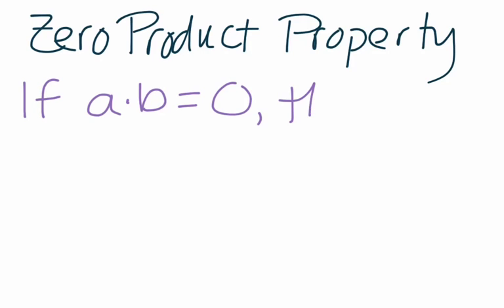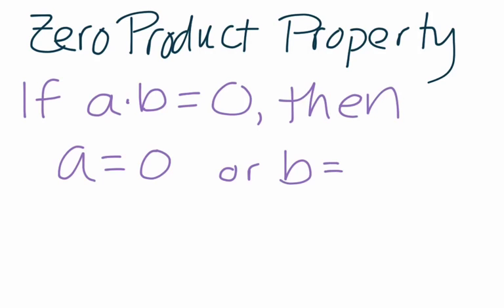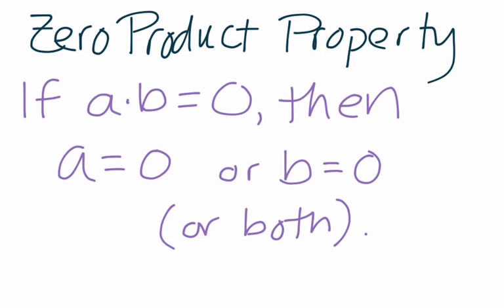Then, we have this nice if-then statement. Then A is equal to 0 or B is equal to 0 or both. In other words, and it's just what that activity is meant to focus your attention on, if you know that the product is 0, then you know that one or more of the factors has to be 0.